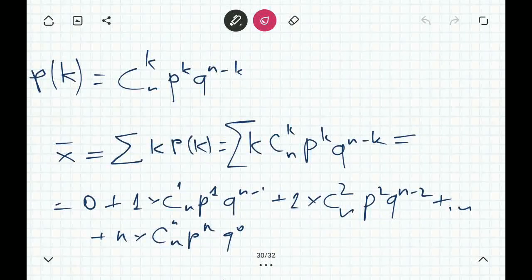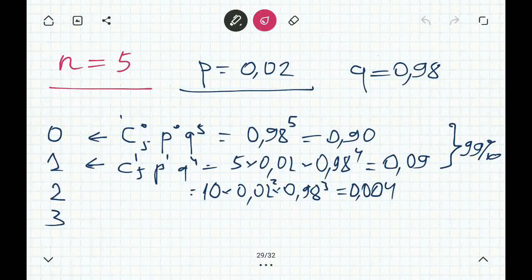Just like in this example with tires, you might be interested in the mean number of defective tires. So you just take your n, which is 5, and multiply by p, which is 0.02. And you'll get 0.1. For 5 tires it will be meaningless, but it means that if you buy bunches of 5 tires, 5 times, so 25 tires in total, then one of them will be defective on average.